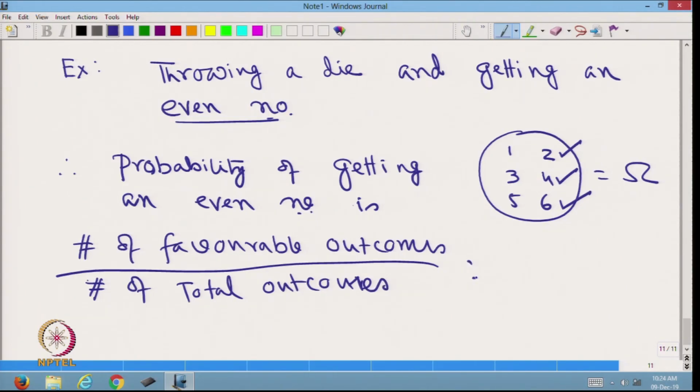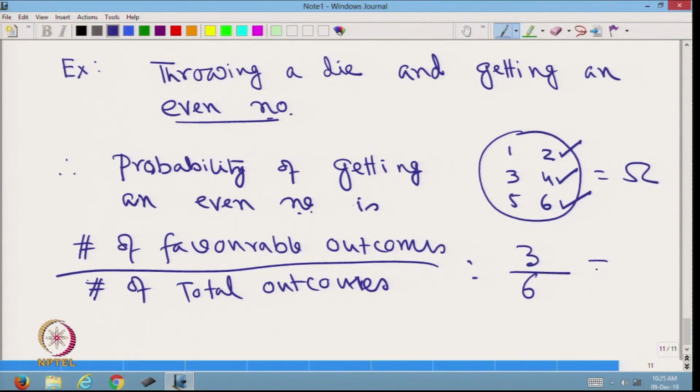Now, in this case, the favorable outcomes number 3: if it is 2, if it is 4, and if it is 6. And the total number of outcomes is the cardinality of omega, which is equal to 6, and therefore half. Thus, the probability of getting an even number is computed as half.